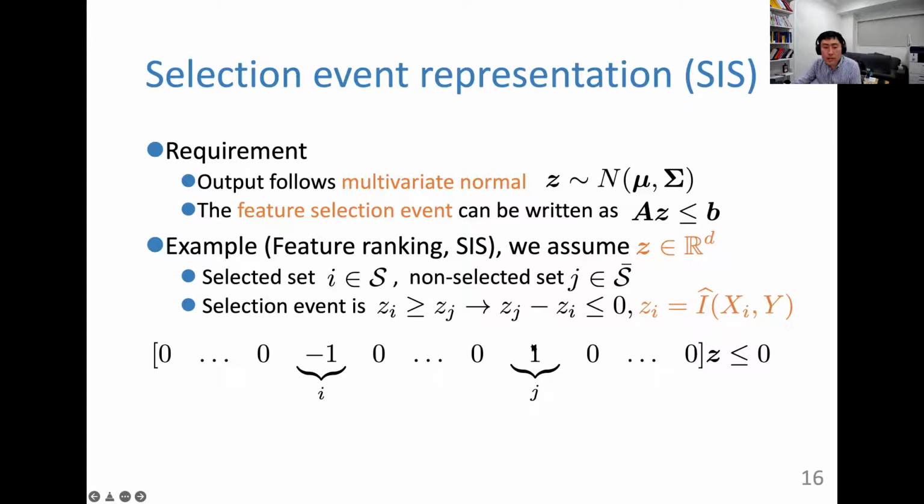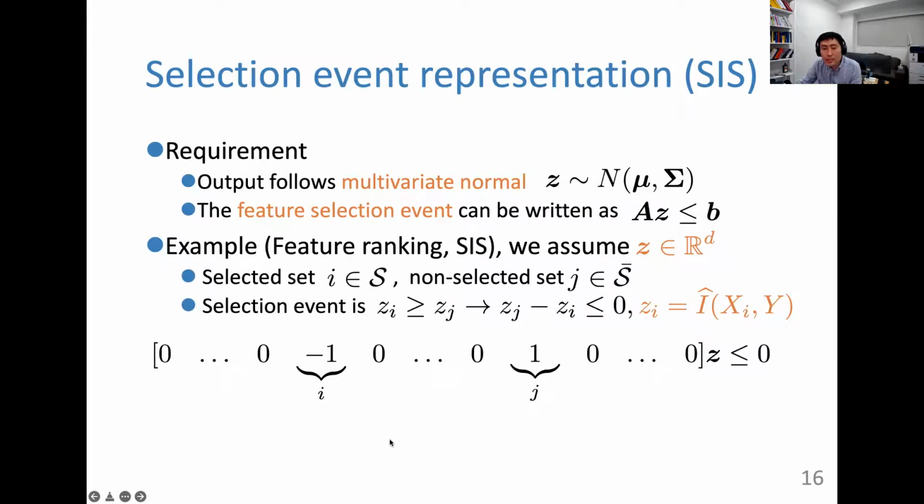This can be written this way: we prepare a vector and multiply it with Z. This is one condition for the selection of the I and J case. In S we have R features, and in S bar we have D minus R features, so we have R times D minus R combinations.